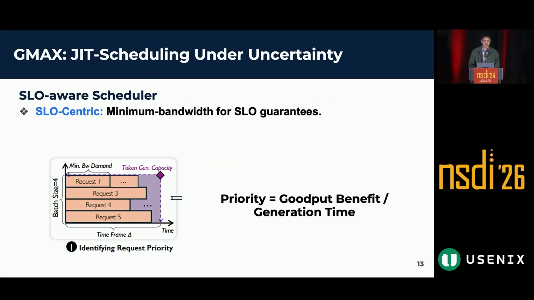Gmax addresses both challenges with a 2-step algorithm. First, for each request, we define its scheduling priority as the estimated goodput divided by the estimated generation bandwidth, which captures the marginal goodput per unit. Intuitively, this naturally favors requests that deliver high SLO value at low bandwidth cost.